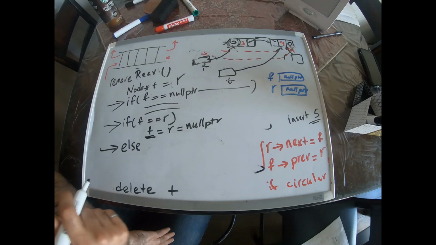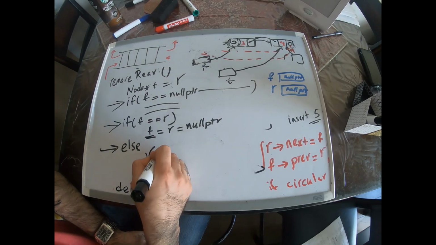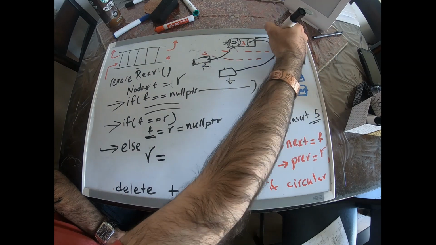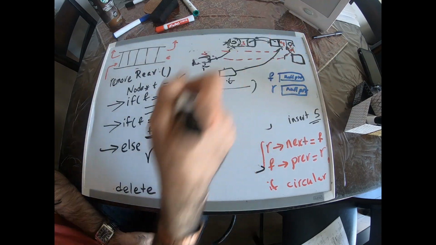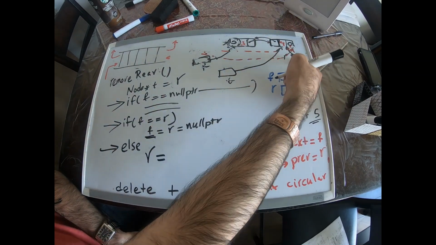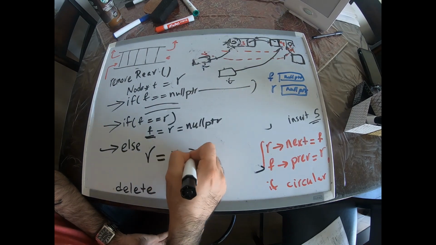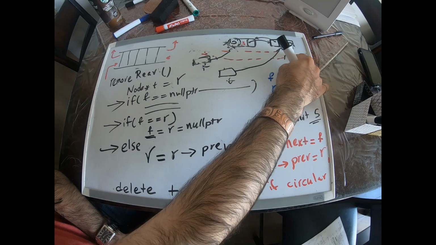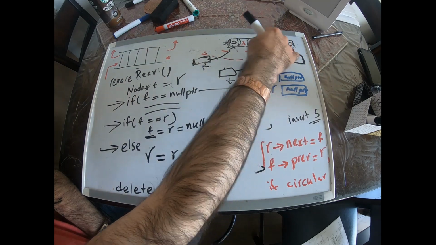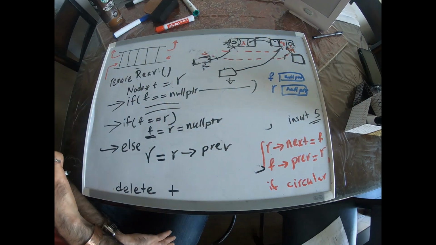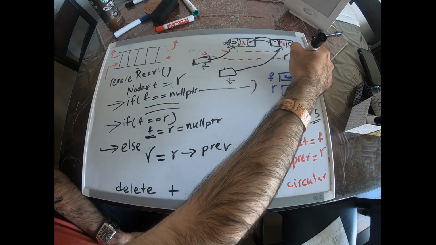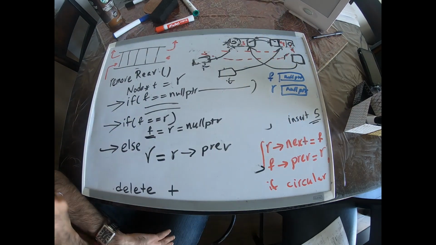What I should write is rear, which is this pointer, it's going to be equal to this pointer. What is this pointer? Rear arrow previous. It means I want this pointer to point to the same place that this pointer is pointing to. Okay, so then R is not pointing to here, it's going to point to here, right?